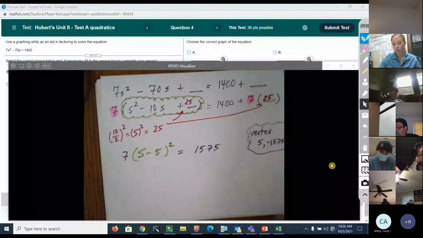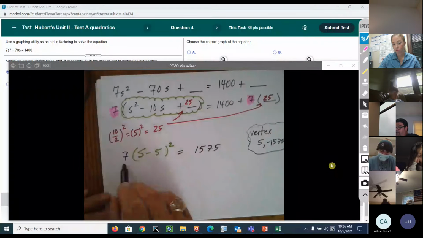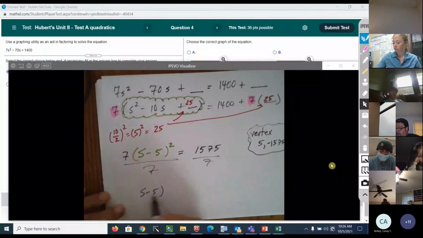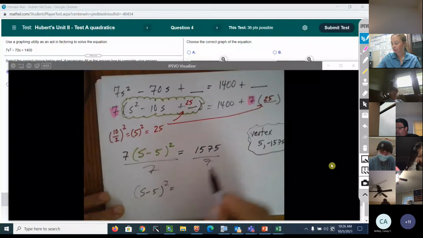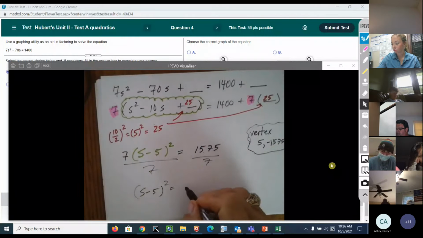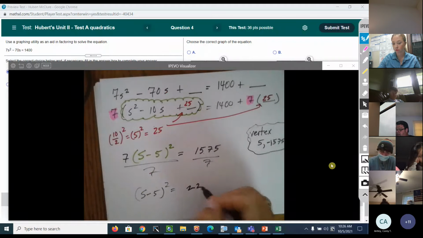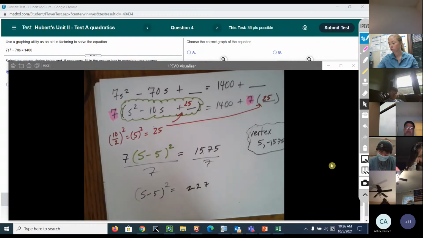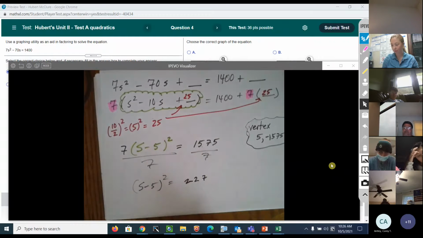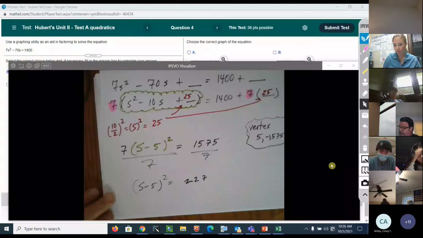Divide by 7. S minus 5, quantity squared. 7 will go into 15 2 times. That'll leave 17. Go in there 2 times. 35. Somebody check my math. I got 227. 225. 7 times 5. Is it 225?